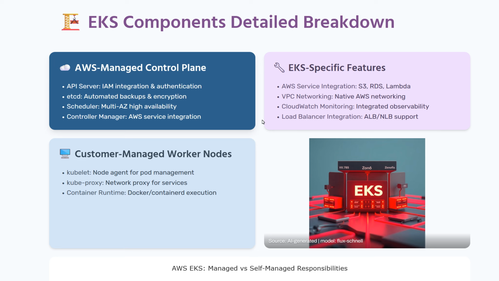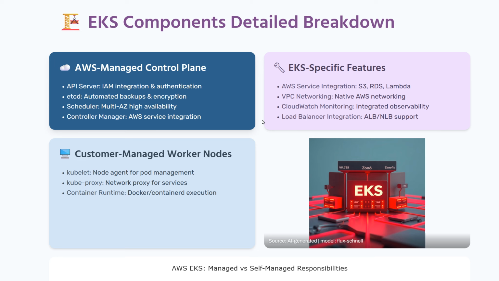The scheduler provides multi-availability-zone high availability, and then the controller manager handles AWS service integration. So other services will be integrated with the controller manager, like S3, RDS, and Lambda.